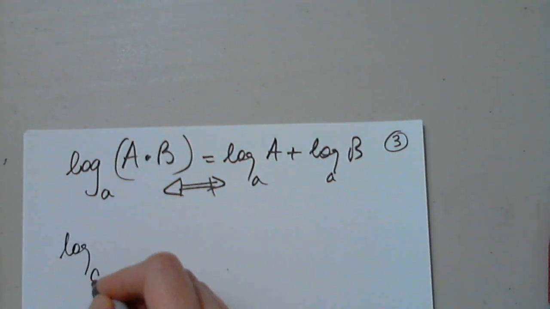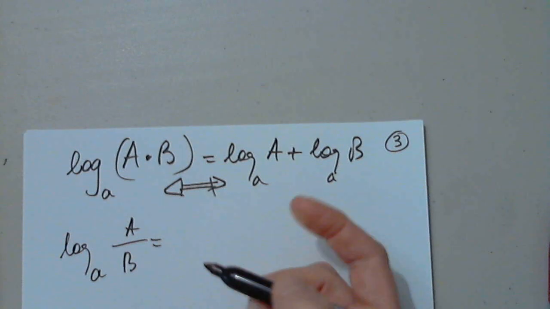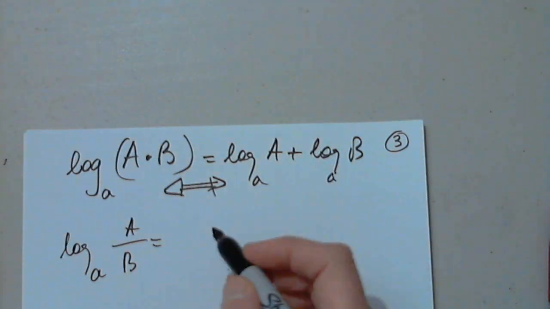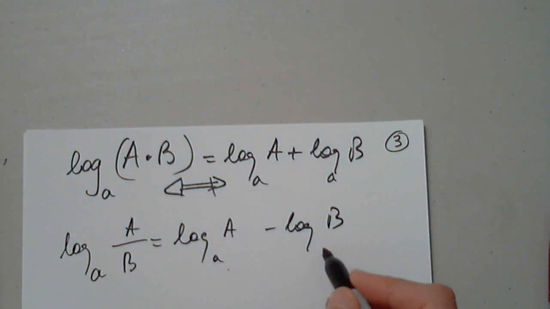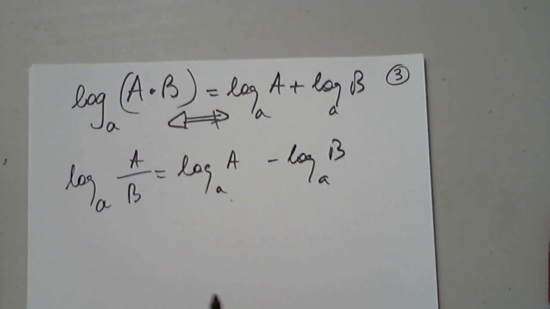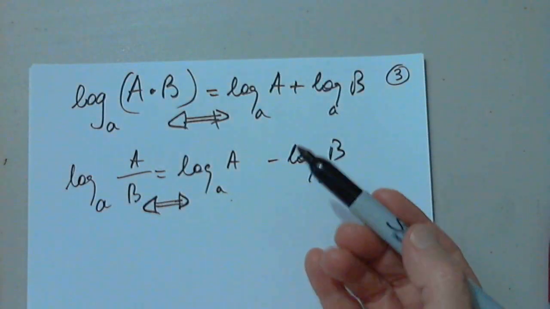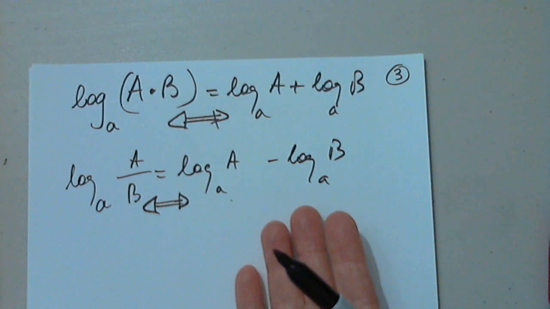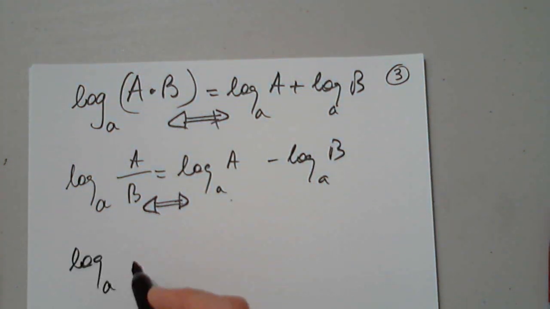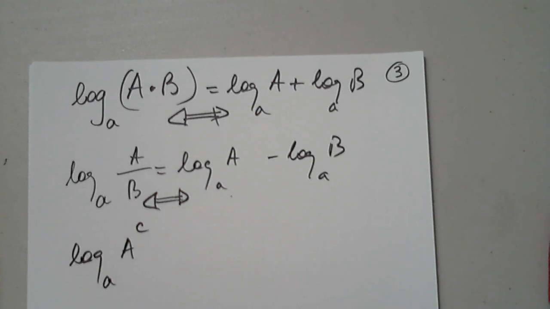We have the same thing for A over B. Same property, but with minus: log A minus log B. Again, dynamic. If we need this expanded or condensed, back and forth. And the last one is the power rule.